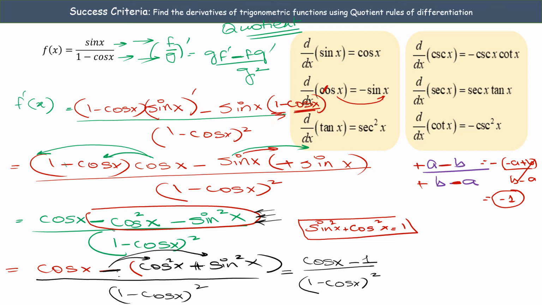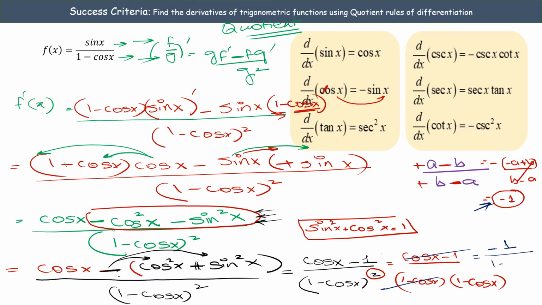You can cancel them and put a negative sign, but to show you, cos x minus 1 over here, since I have two squares, I will write 1 minus cos x and 1 minus cos x. You can do it directly also, I am just showing you for those who have difficulty in algebra. Now cos x minus 1 and 1 minus cosine x cancel out, and we get negative 1 from here, keeping in mind the concept which I wrote above.